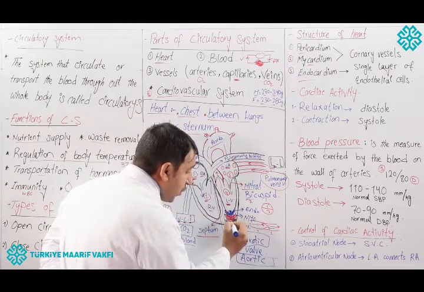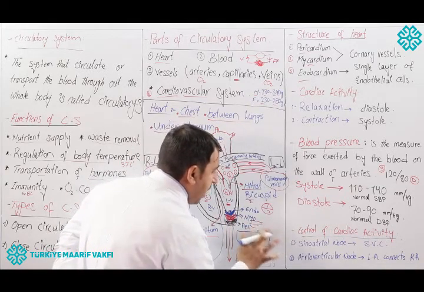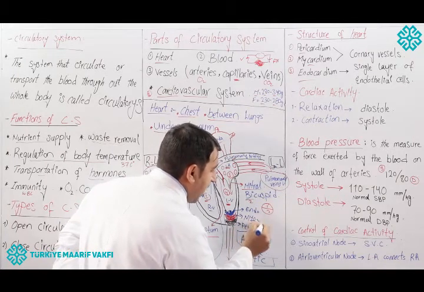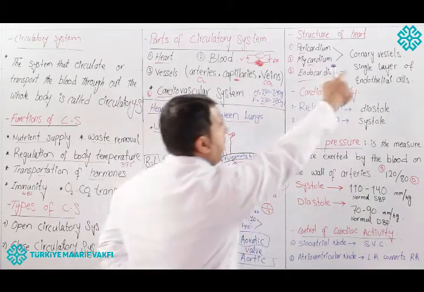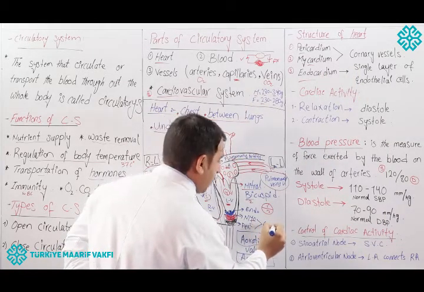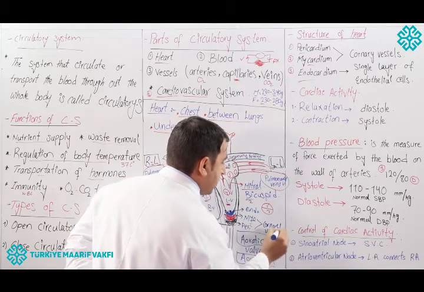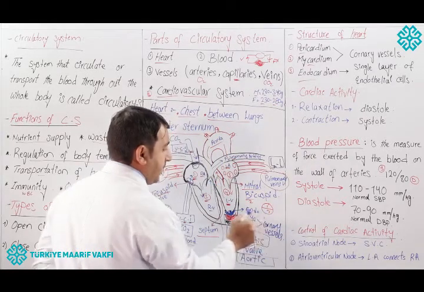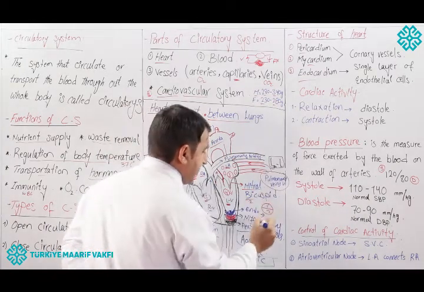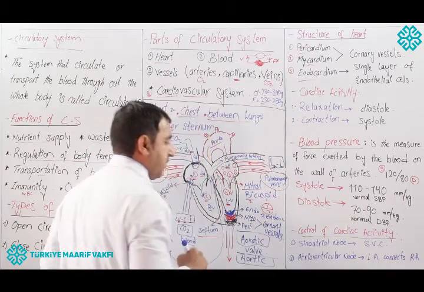The pericardium and myocardium consist of some vessels, and the name of these vessels is coronary vessels. And the endocardium has which type of cells? Endothelial cells.